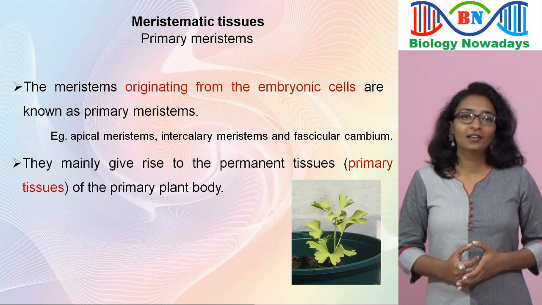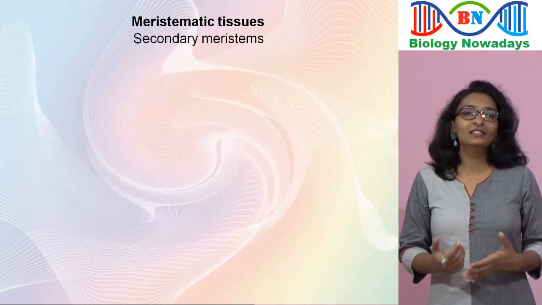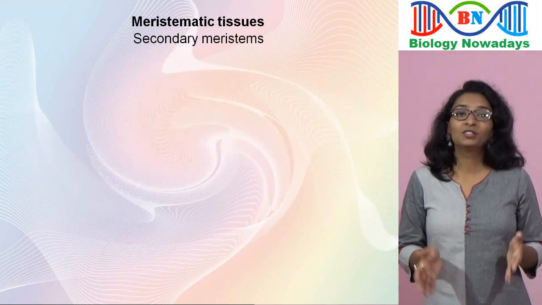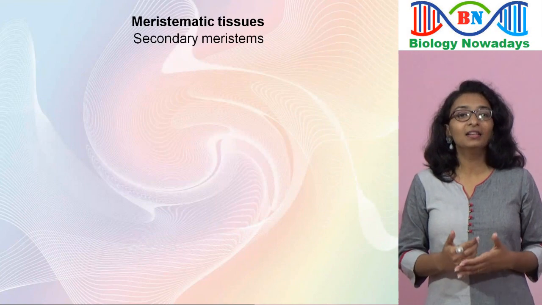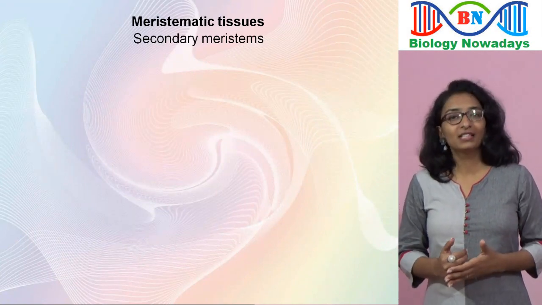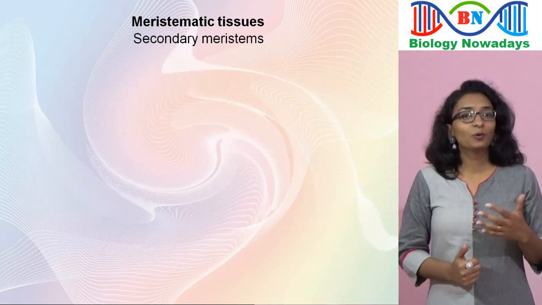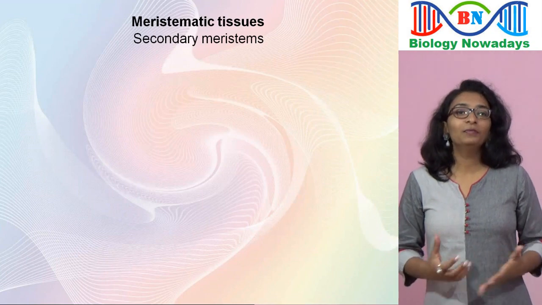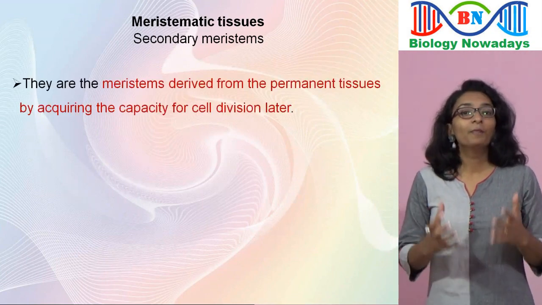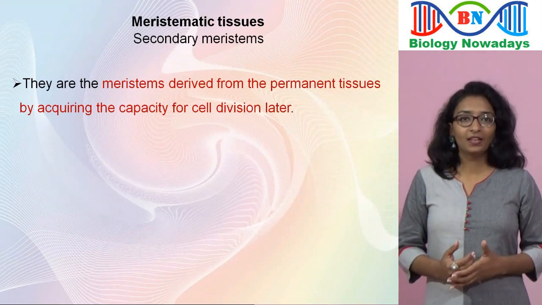Let's see what are secondary meristems. We already learned that normally the permanent tissues do not divide, but during the secondary growth or thickening in plants, some permanent cells regain the ability for cell division and will become meristematic tissues. So we can say that secondary meristems are the meristems derived from the permanent tissue by acquiring the capacity for cell division later.